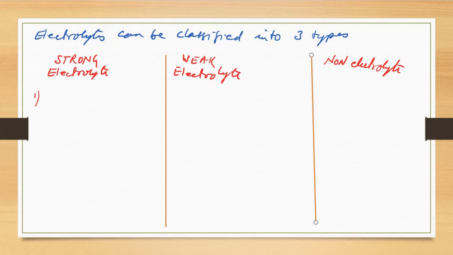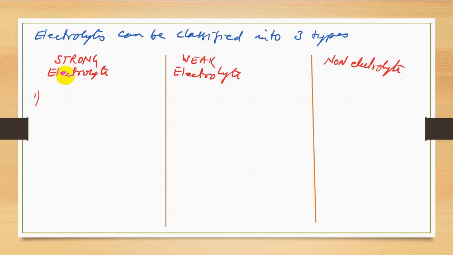If I take strong electrolytes, what are they? Just like strong acids, they completely dissociate. When you add it to water or when you take the molten state, everything will dissociate. If I take 100 molecules, all 100 molecules will dissociate. Then that will be called a strong electrolyte.